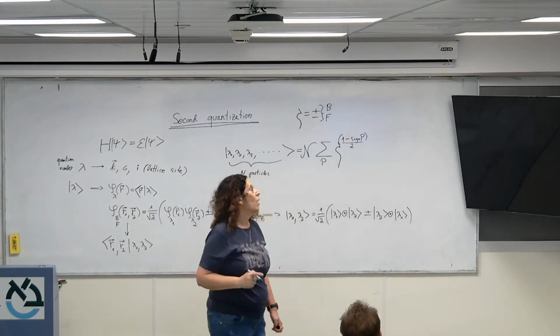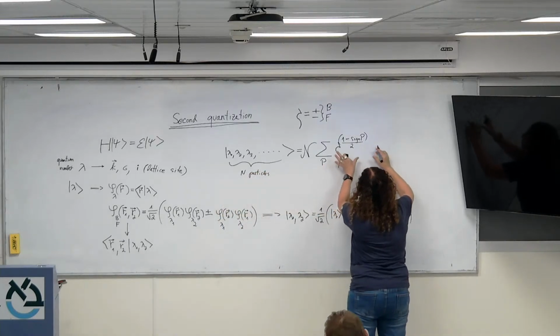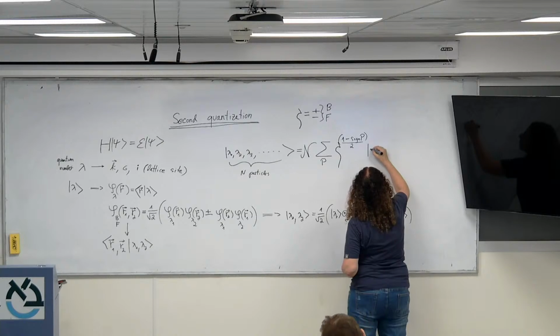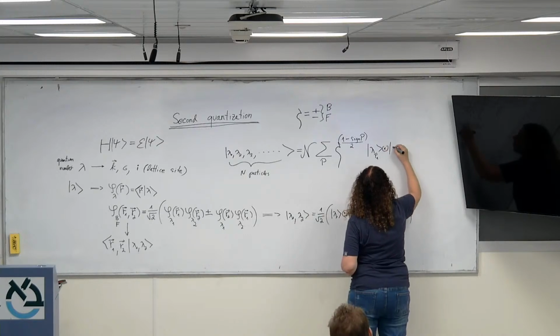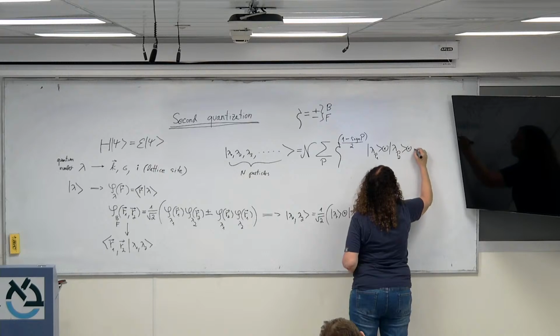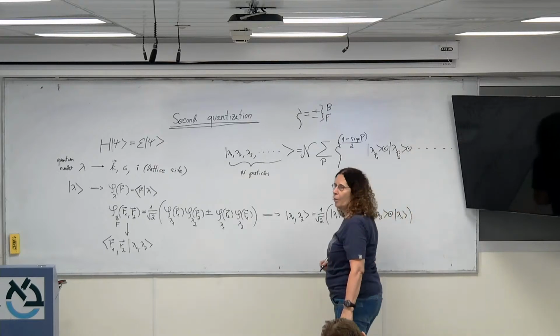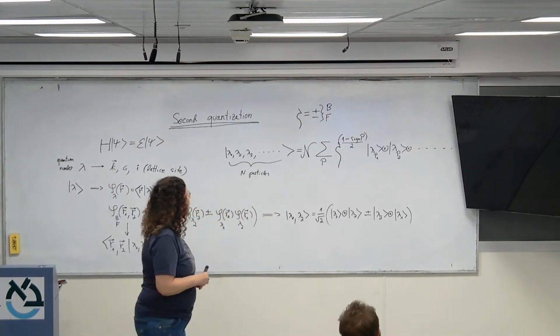Okay? And then it's this factor times lambda of P1 times lambda of P2, etc. Okay? A product of n things. What does it mean?